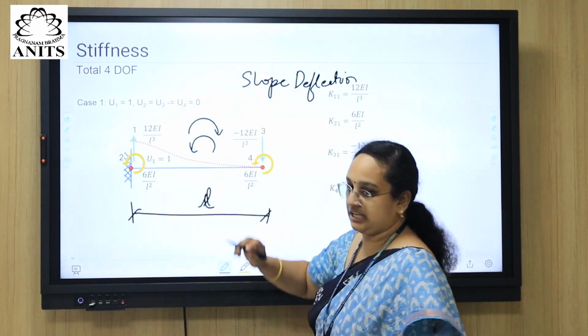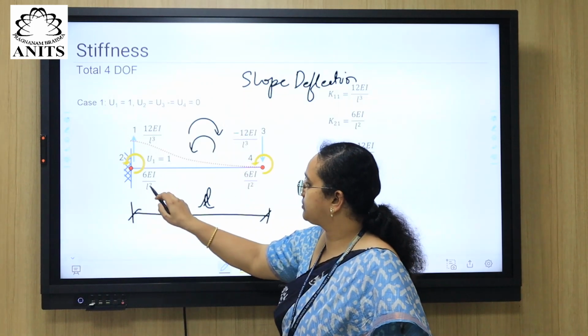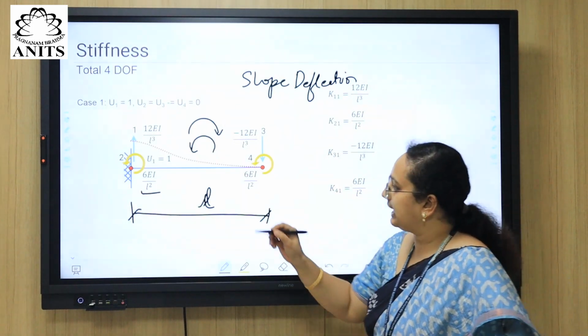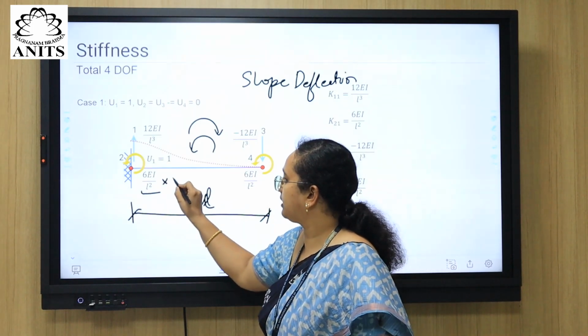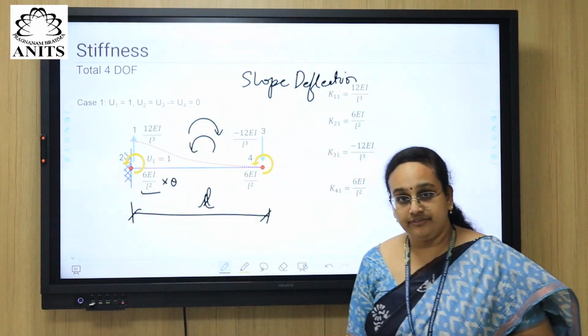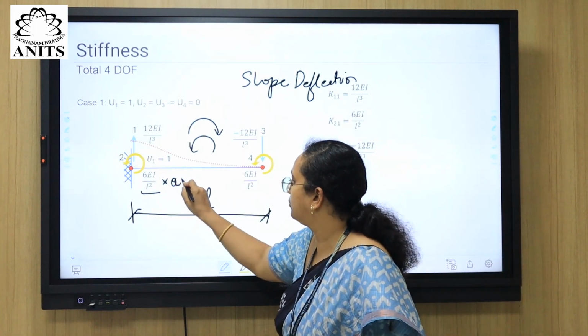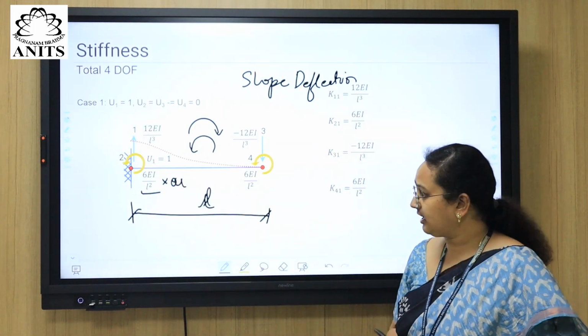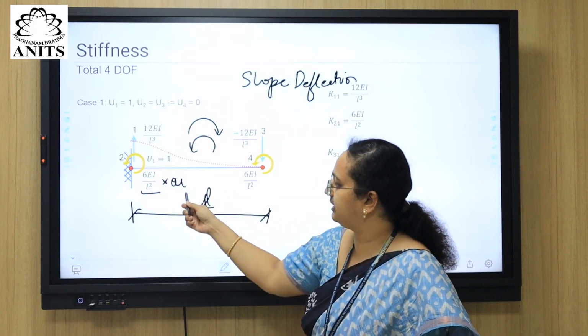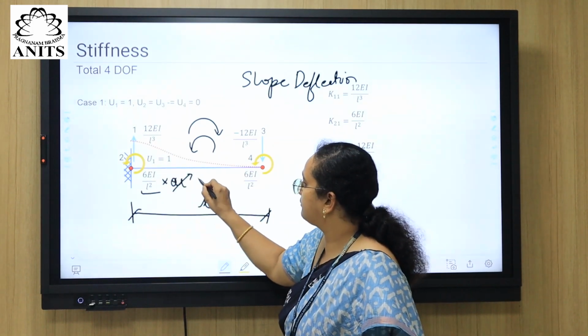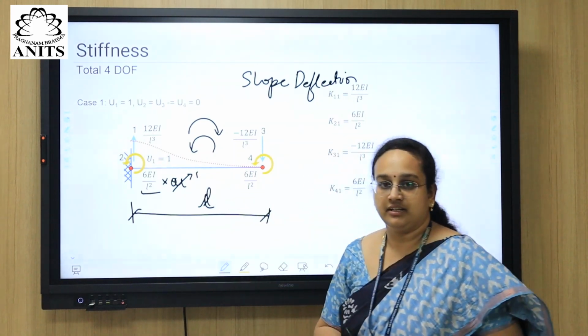If we solve those equations, we get 6 EI by L square into theta, or into displacement u. Here u is a unit displacement, so we get a value of 1.